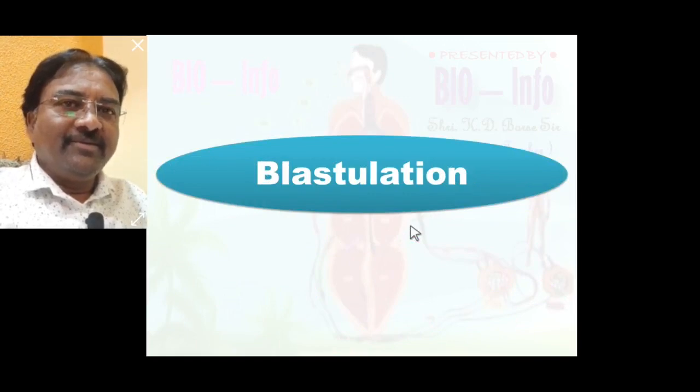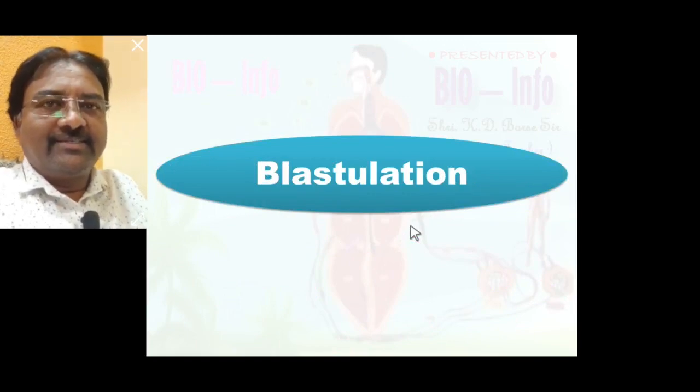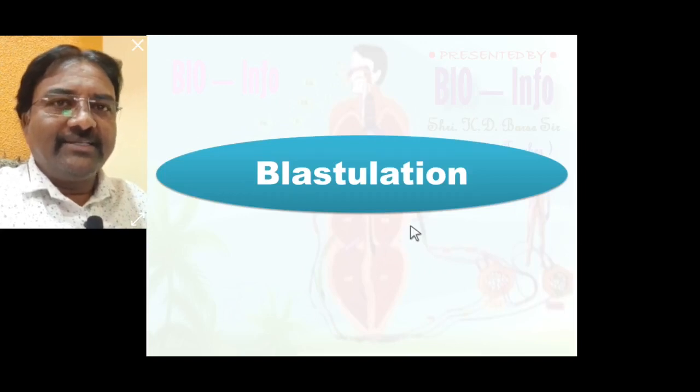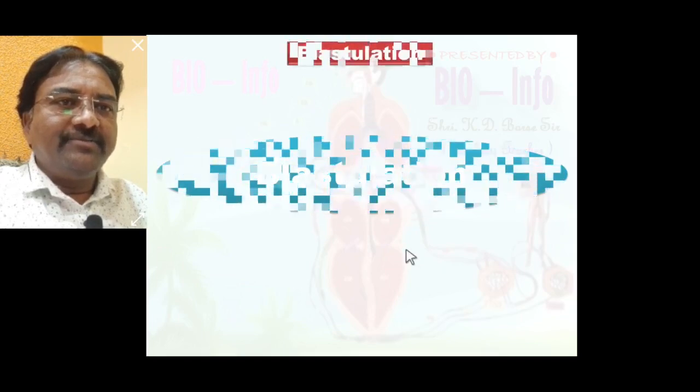Up to this point we have discussed cleavages in detail. The last stage of cleavage is the morula, which reaches the isthmus of the fallopian tube. Now we discuss the second event, known as blastulation.